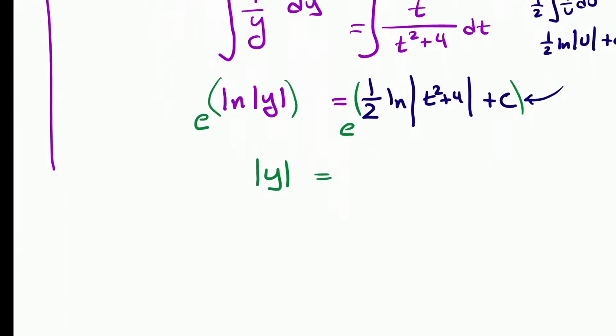The rest of this stuff I have on the right-hand side. This is going to require a lot of extra work. I have e to the natural log of the square root of t squared plus 4.